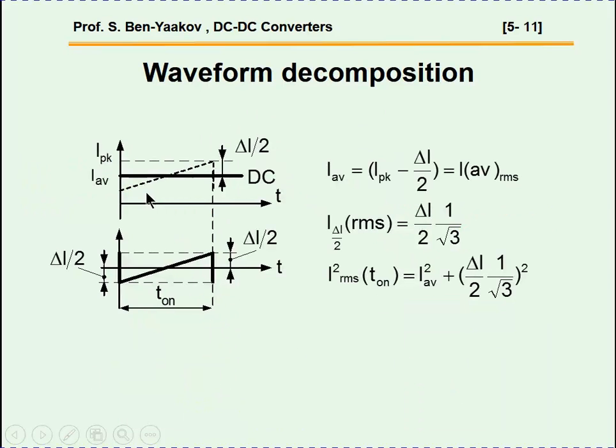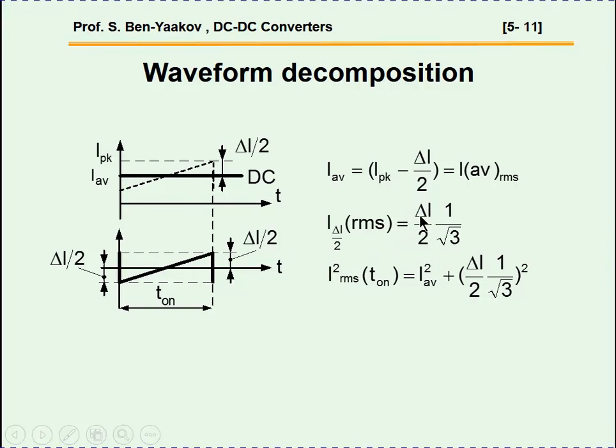So now we have a DC part, which is I peak, or delta I divided by 2. The delta I is the whole jump here. And this is the average value, which is also the RMS, because for a DC, the RMS is the same value. Now for the triangle here, we already know the peak value.